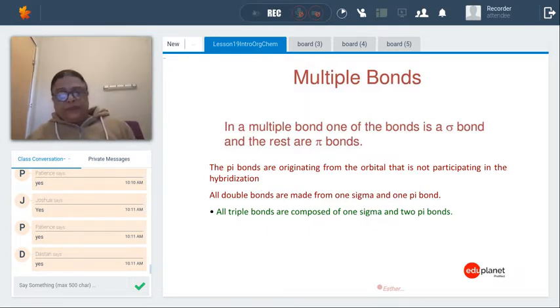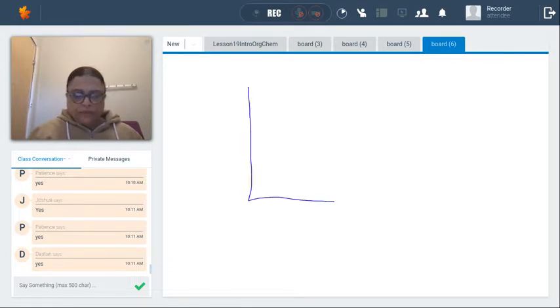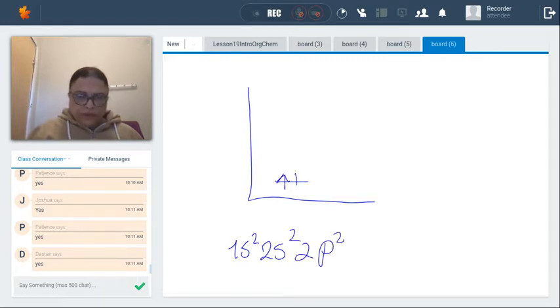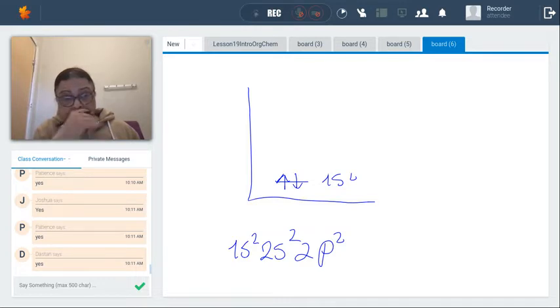Multiple bonds. Okay, now back to hybridization. Let's take a piece of paper. Carbon, 1s2, 2s2, 2p2. The 1s2 is not a valence set of electrons, so we usually don't even look at them.